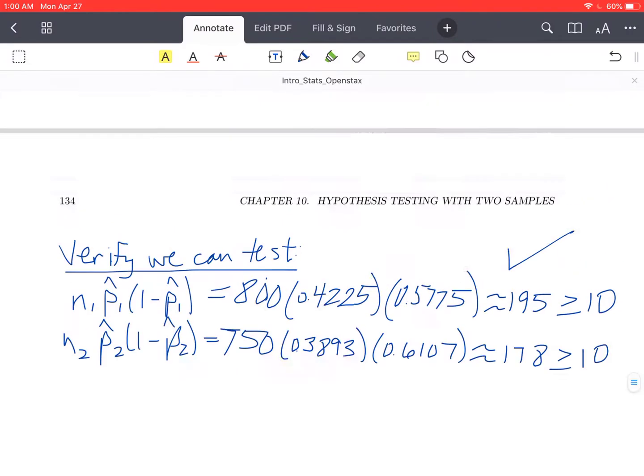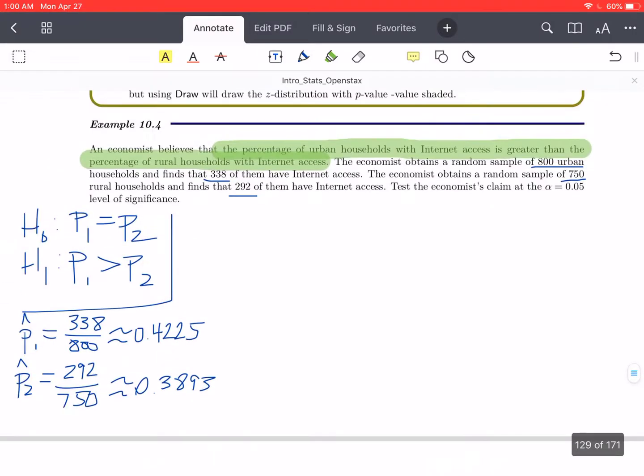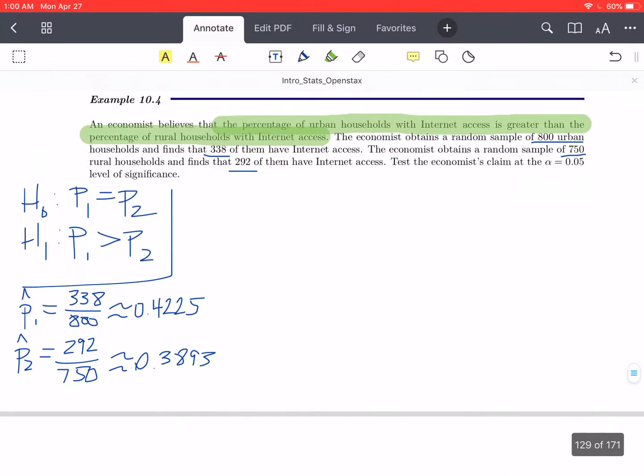Okay, so let's go back. Hopefully you just stayed right there. Okay, so we have those two values. We also are going to need to get the pooled estimate. So that's going to be just p hat. So that's going to be x1 plus x2 over n1 plus n2.